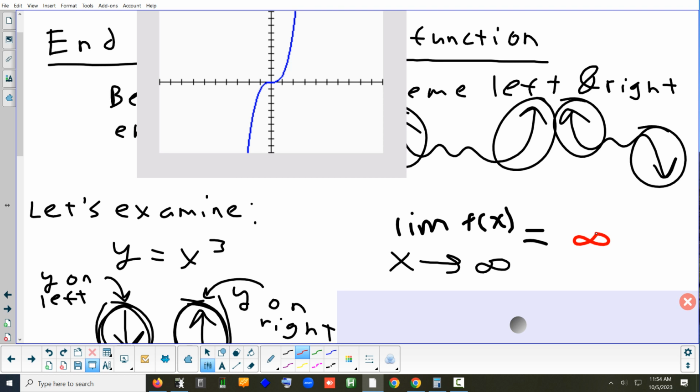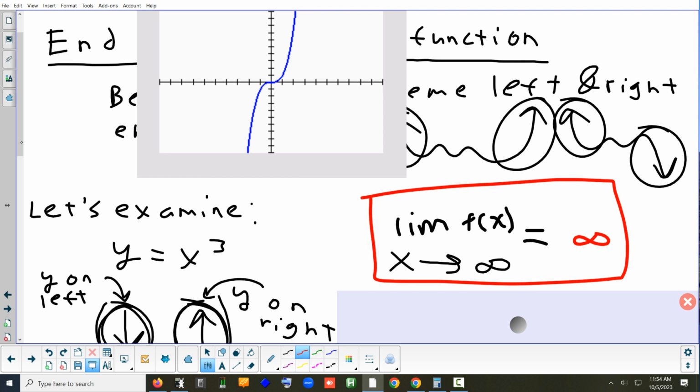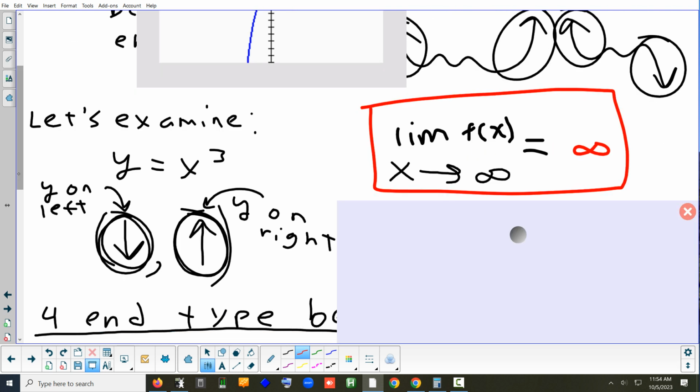So what I just wrote right here, if you describe it as an arrow, is that arrow right there. As you head further and further to the right, what is happening? F of x is just another name for y. What's happening to y as x goes further to the right?